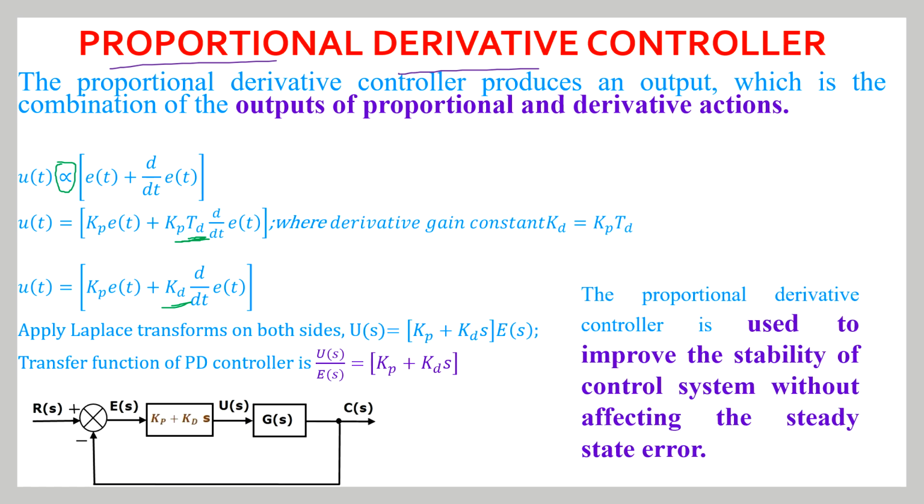What is the advantage of using a proportional derivative controller? It will make the system stable by acting on the transient portions, and it will not affect the constant steady state error. Let us verify how it improves stability by acting on the transient portions in the next slide.